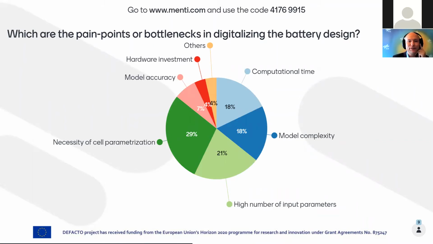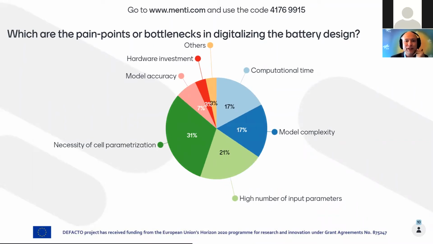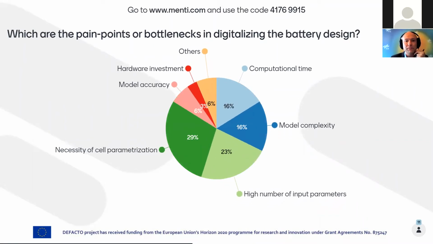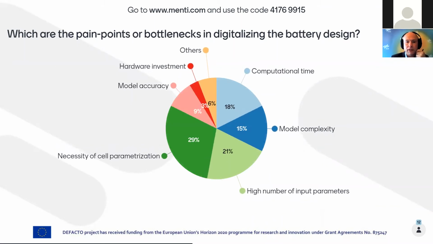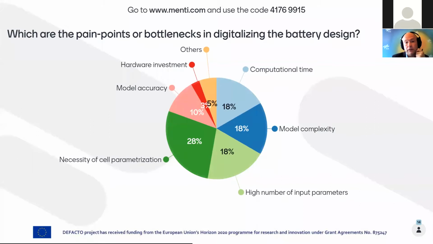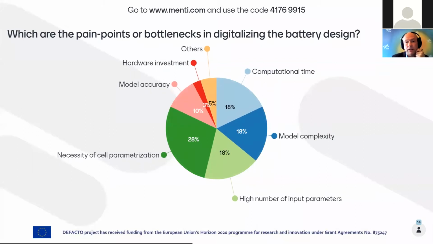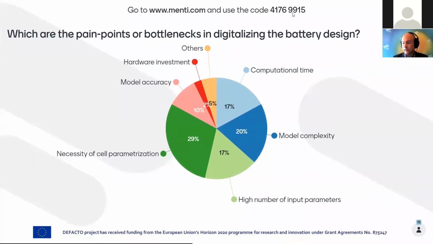I usually try to make very accurate models. Hardware investment, okay, nowadays hardware is getting cheaper and cheaper, that's true. So high number of input parameters, necessity of cell parameterization, it's true, I mean, this is the same thing. Basically, nearly half of the audience thinks that parameterization is certainly the biggest problem.